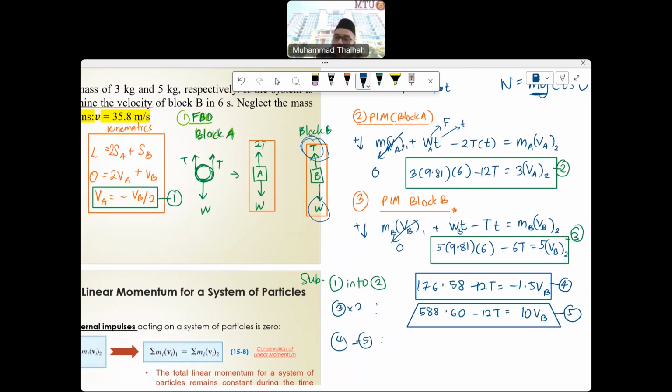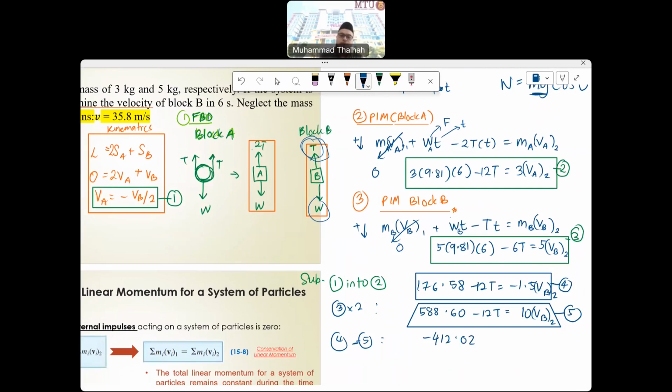V sub B at time 2. Let me just be very particular here. So 176.58 minus 588.6 is going to give you negative 412.02.